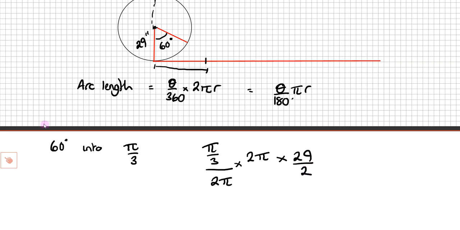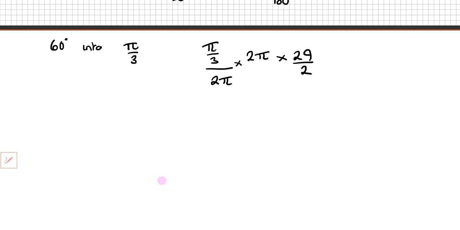Now that's super messy. Why is that messy? Well, I've got a fraction as a numerator. But here's the nice thing. By using radians, what can I now get rid of? The 2 pi, they just cancel out. I don't need to do any simplification. So then I'm left with pi divided by 3 multiplied by 29 over 2.